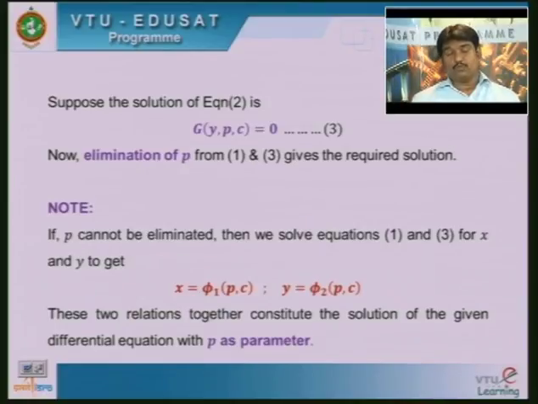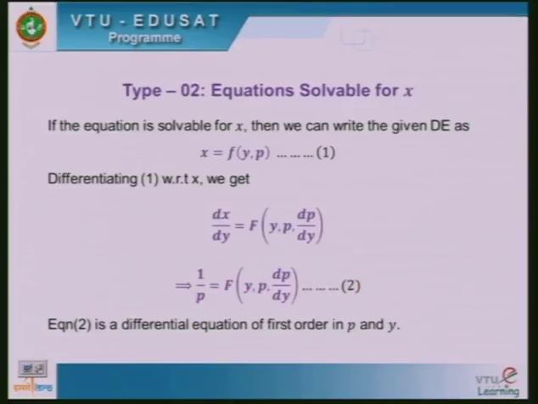So what is the working procedure to solve equations which are solvable for x? Procedure is you first convert that equation in the form x equals to f of y, p. Step number 2, differentiate that with respect to y, and then you write dx by dy as 1 by p. Now you have one differential equation of first order and first degree in terms of p and y.